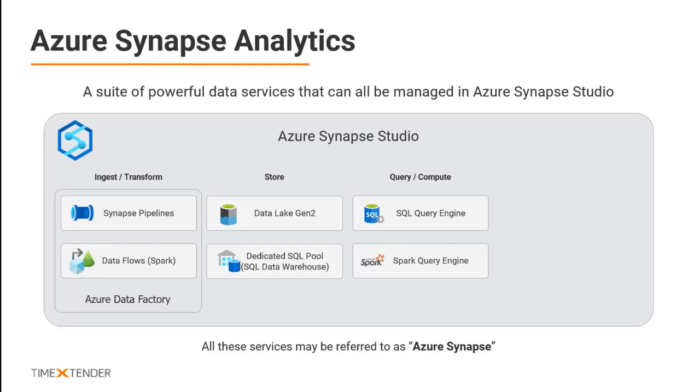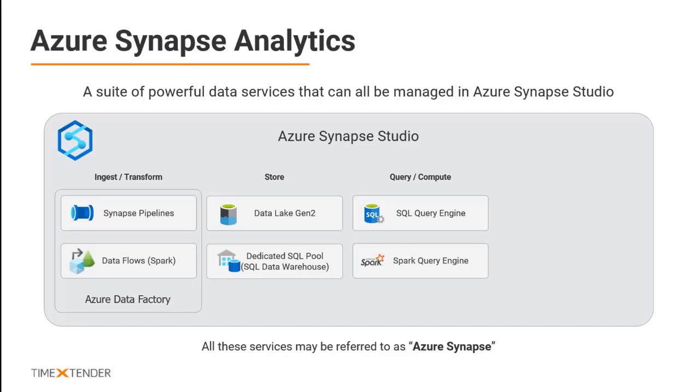There are also the query and compute areas of Azure Synapse. As part of this, there's what's called the serverless SQL pool, which is basically a query engine. It's serverless. You can use it to query data in the data lake or in the dedicated SQL pool, but you don't need a dedicated server to use this query engine.